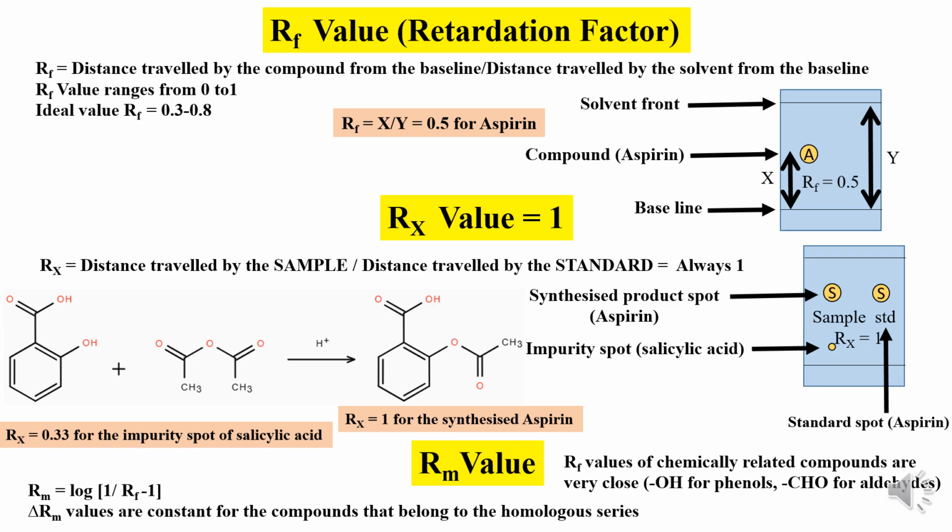Just plug in the values and calculate the Rm values for the given series of compounds that are chemically related. And finally, when the delta Rm values are constant, you can come to the conclusion that the given series of compounds belong to the homologous series.